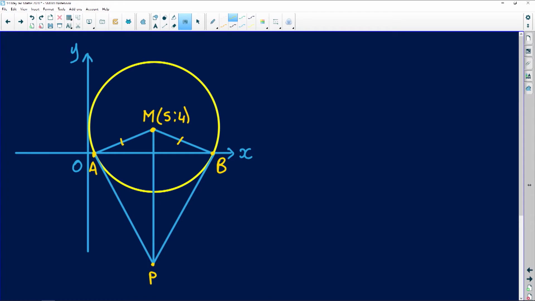By that I mean the following. You cannot assume that PB is a tangent to the circle, nor can you assume that PA is a tangent to the circle. You just can't. It might look like it is, but it doesn't have to be.